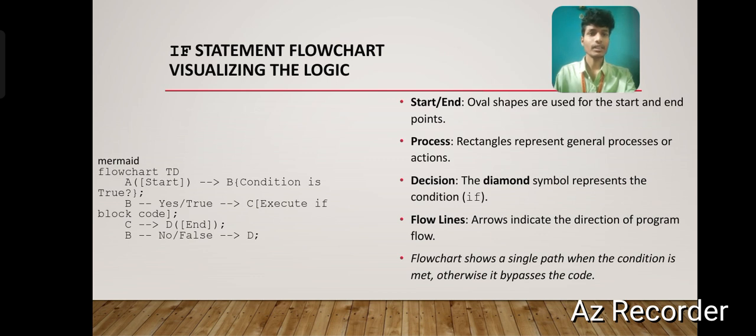Process: rectangles represent general processes or actions. Decision: the diamond symbol represents the condition. Flow lines: arrows indicate the direction of program flow. The flowchart shows a single path when the condition is met, otherwise it bypasses the code.